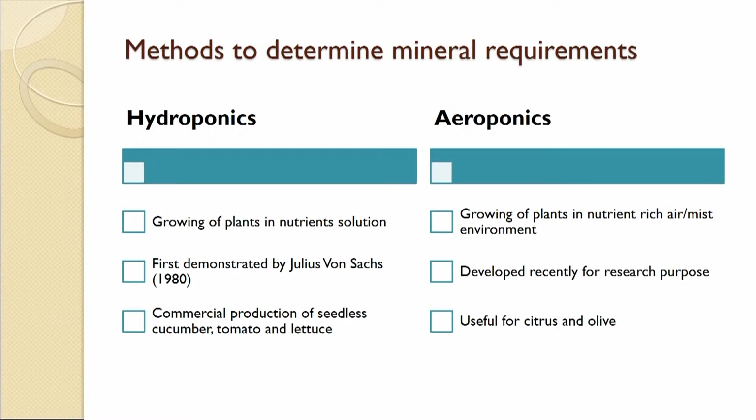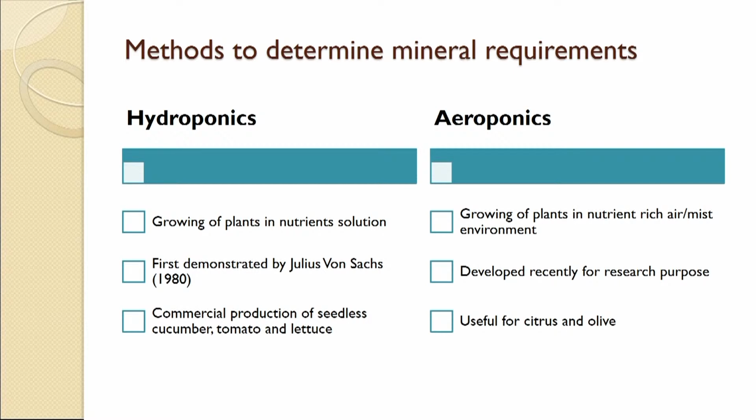The hydroponics technique was first demonstrated by Julius von Sachs, a German scientist who demonstrated this method in the 1800s, and the aeroponic technique was developed very recently, particularly for research purposes. However, aeroponic and hydroponic techniques require good infrastructural support for setup.